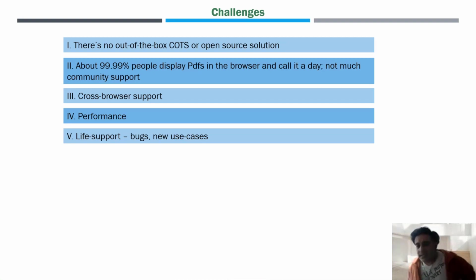We also have to be ready, in case there are any bugs or new features, to give live support for this solution. So these were the challenges that we faced. In particular, I faced them because I led this. I coded the whole thing. So I was mindful that it cannot be a one-off thing. If in the future there are more requests, we should be able to accommodate those.